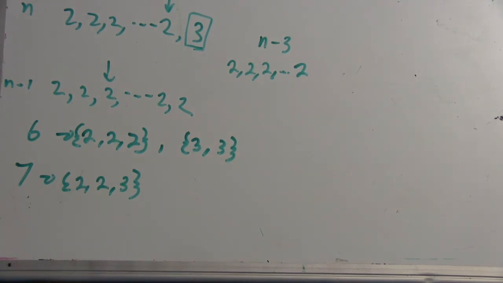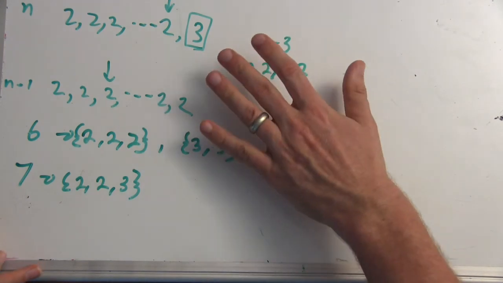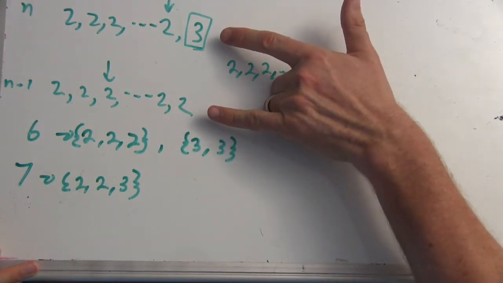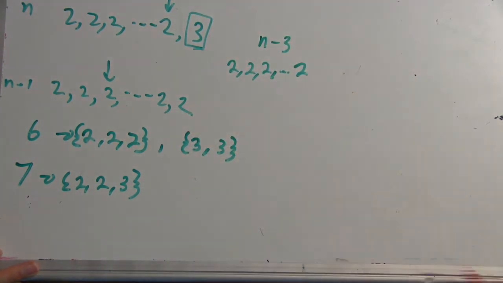It was really neat that the starting point, we did it backwards. The starting point was the same as n minus 1, just changing the last 2 to a 3. But running down the loop was not the same as n minus 1. It was the same as n minus 3. And n minus 3 is easy because it's all 2s. That reduced it to our easier case.